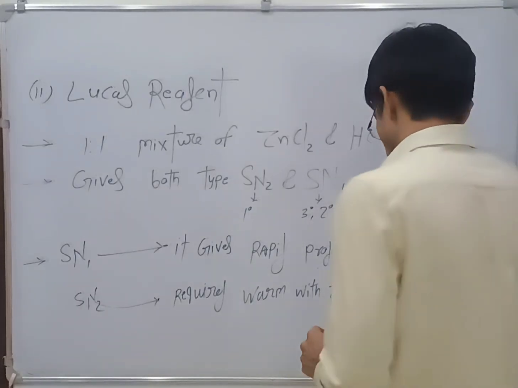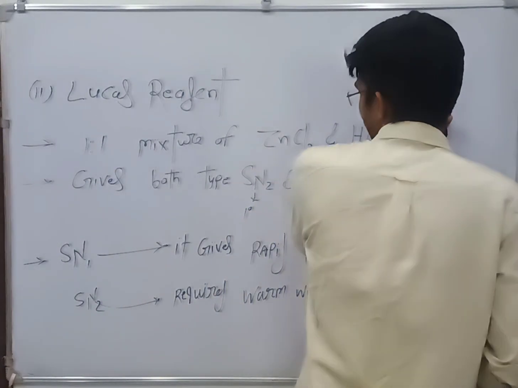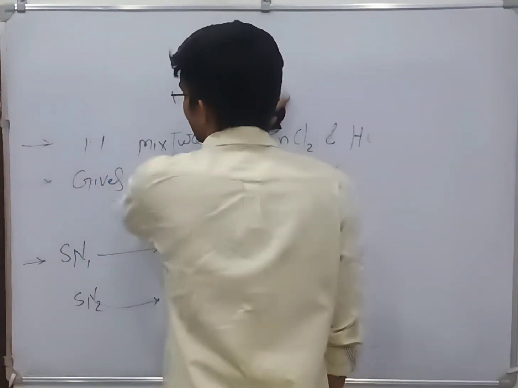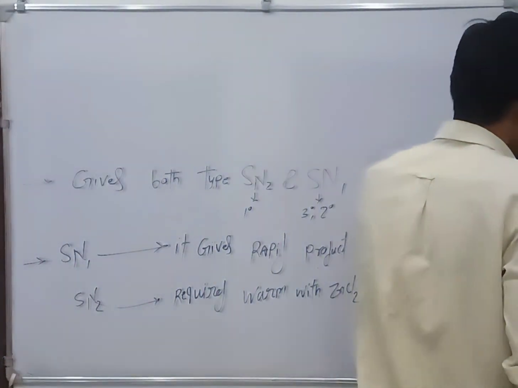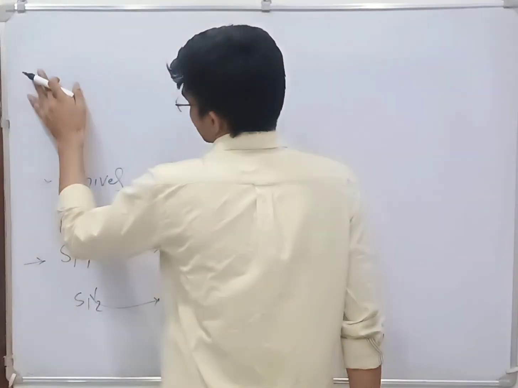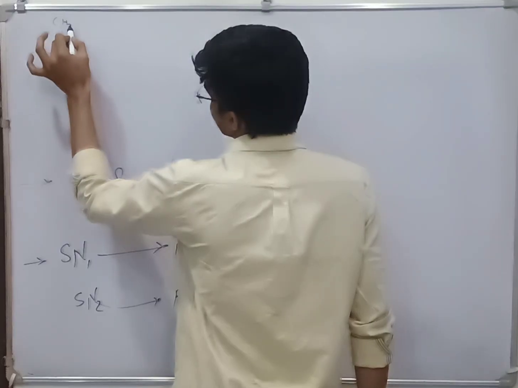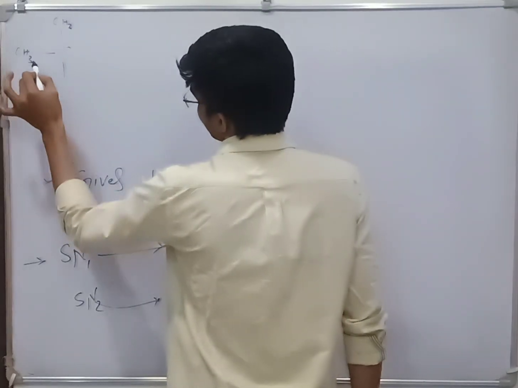Alright, let's discuss both of them, SN1 and SN2. If we are taking the SN1 reaction, we have to take the 3-degree carbon compound.